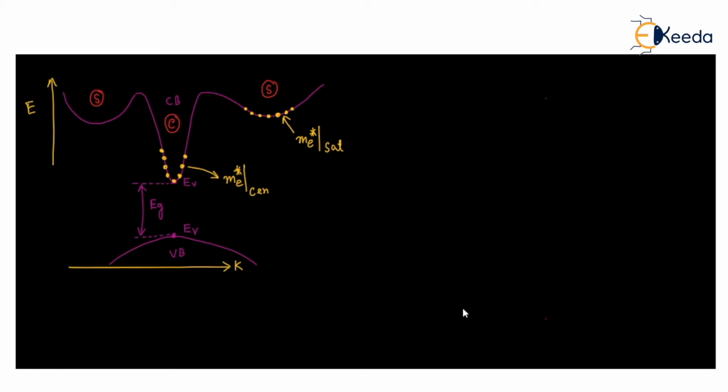And according to the previous discussion, we can see that the effective mass of the electrons in the central valley will be smaller than the effective mass of the electrons at the satellite valley.